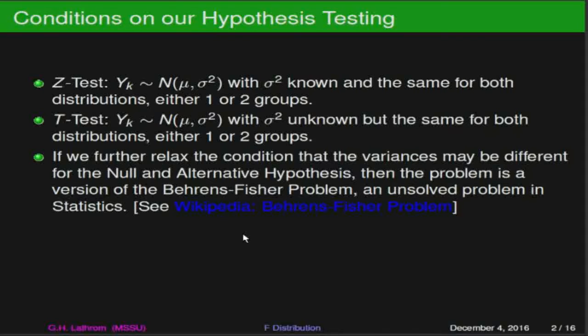Now, there are approximations to deal with it, and we'll talk about those in a later video. But for now, we'll assume that our variances are going to be the same.